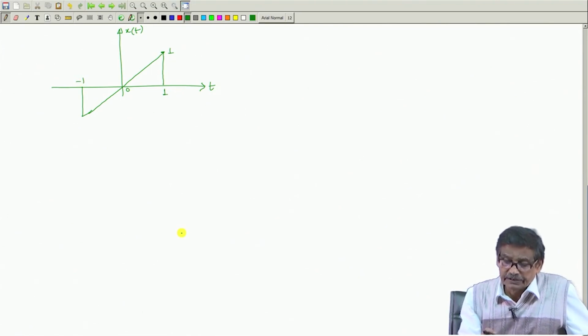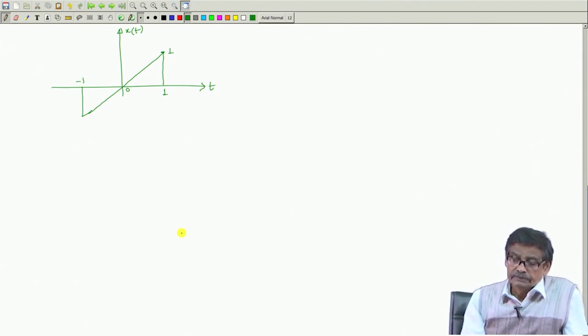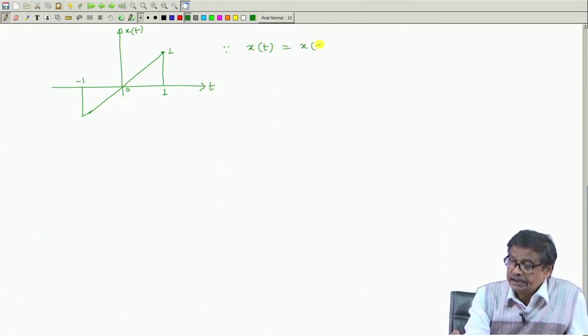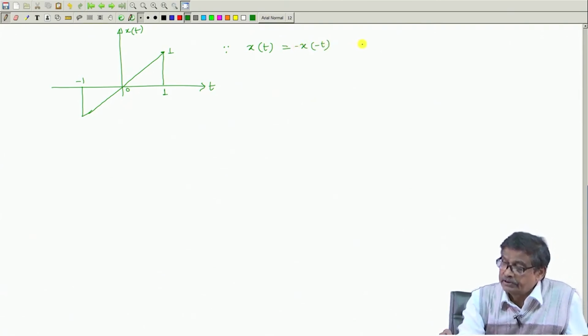Now, this function x(t) here, since x(t) is equal to minus x(minus t), with a negative sign, it is called an odd function. You must be knowing.